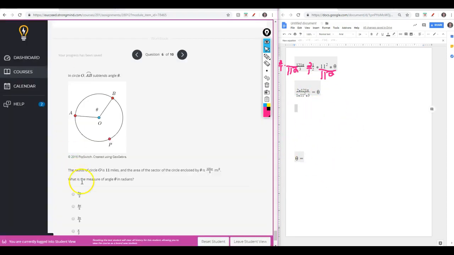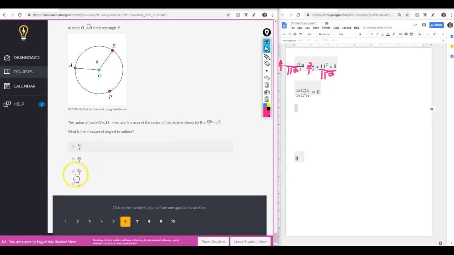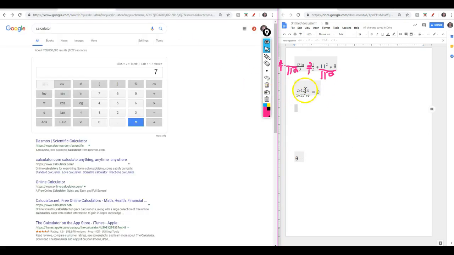I'm noticing in the answers that they have a pi there, so I'm not going to mess with pi right here. I'm just going to calculate the numbers.